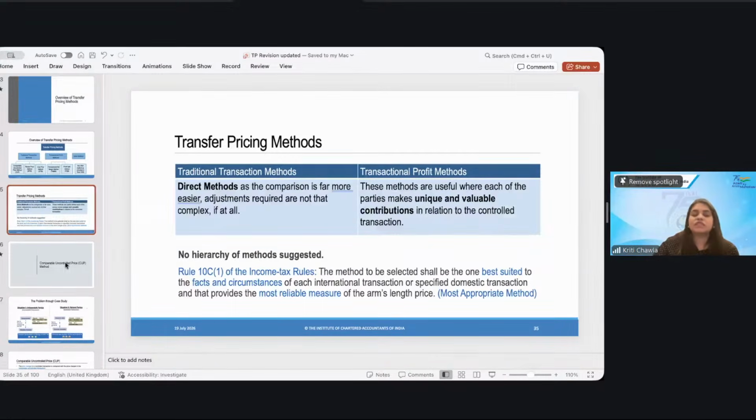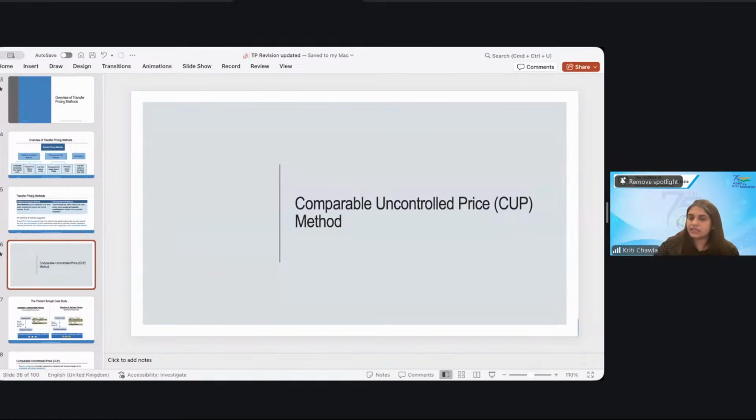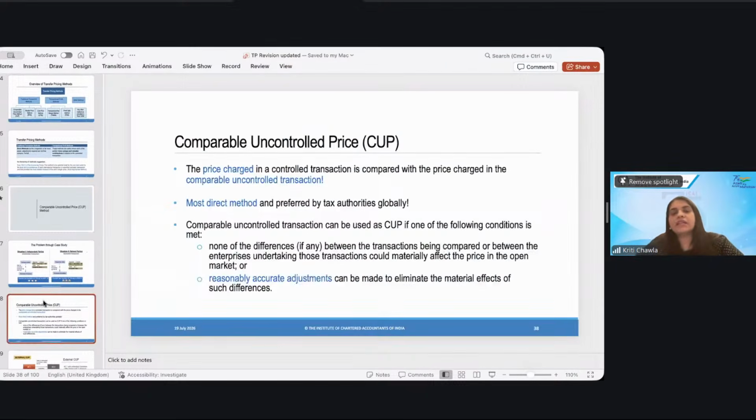We'll start with the first method, which is the CUP, the comparable uncontrolled price method. The comparable uncontrolled price method basically says that the price charged in a controlled transaction is compared with the price charged in a comparable uncontrolled transaction.